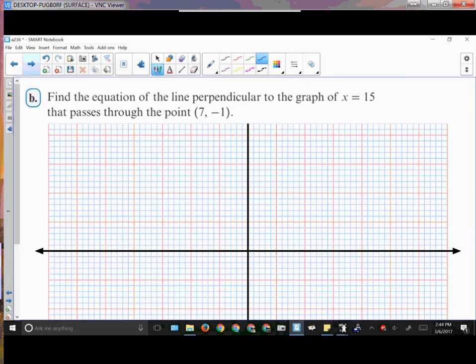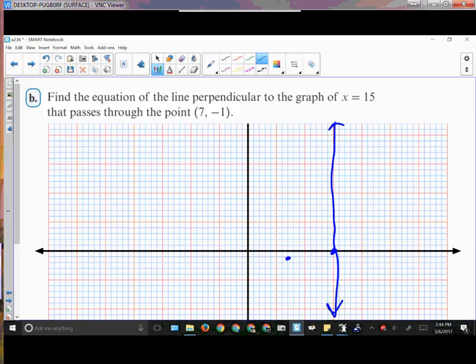Let's try this one. I want it to go through where x is equal to 15. So x equal 15, that's going to be 1, 2, 3, 5, 10, 15. It's going to be right here, so it's going to follow this line up here. And it's got to go through the point 7, -1. So it's 5, 6, 7, -1, which is right there.